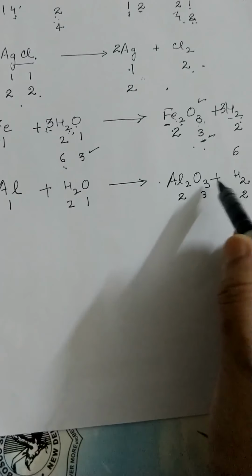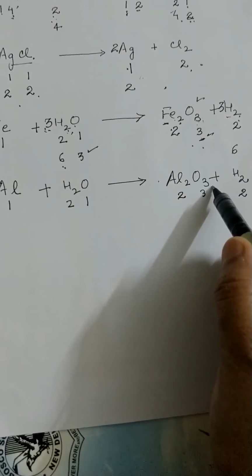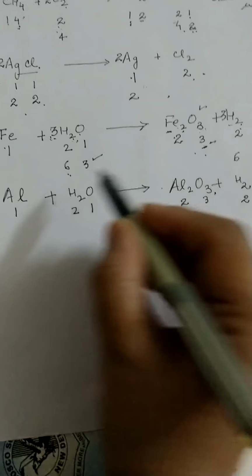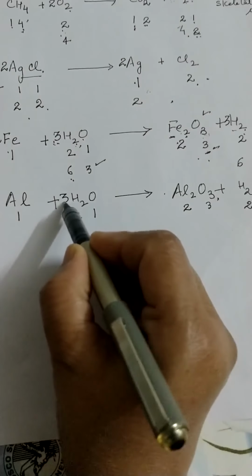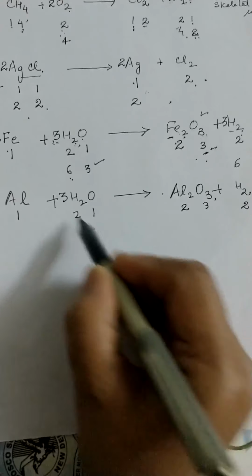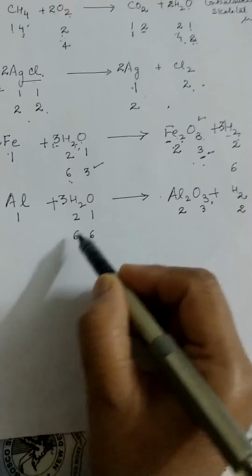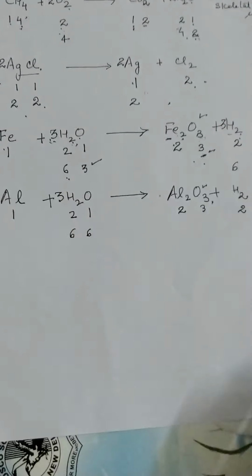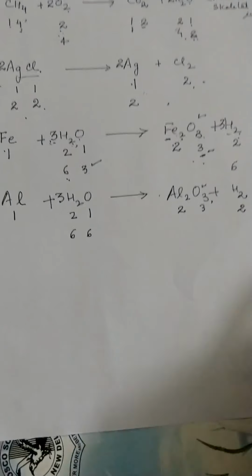Now let us balance this reaction. We can start again with oxygen here. Oxygen is 3 on this side, so I'll write 3 here. Okay, so oxygen becomes 6 on the left, hydrogen becomes 6, and oxygen is balanced. Right?